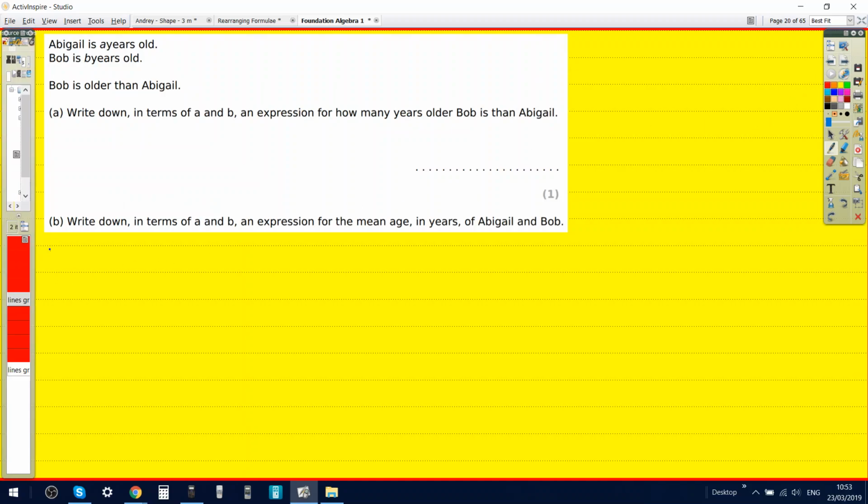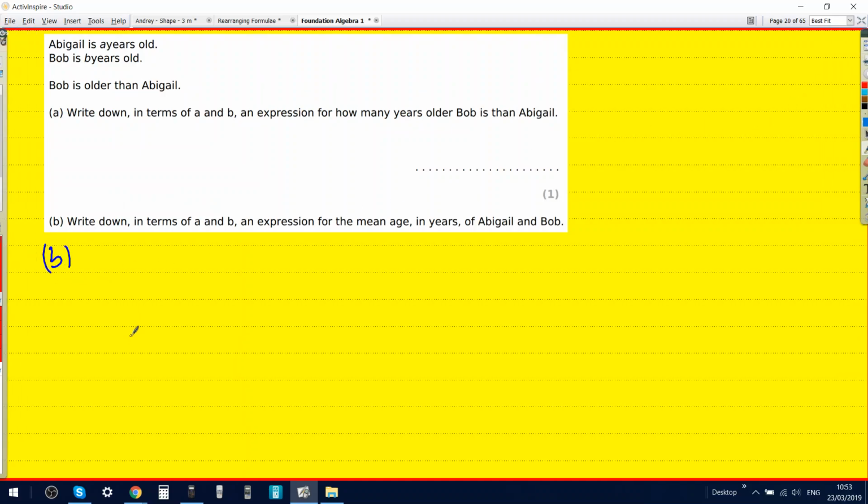How about part B? An expression for the mean age in years of Abigail and Rob. So Bob is older. So would it be AB? How do you find the mean?